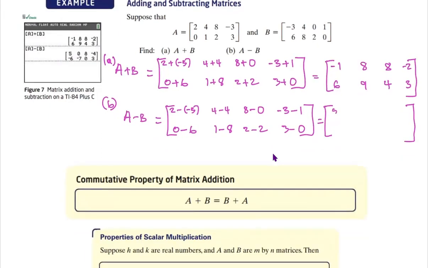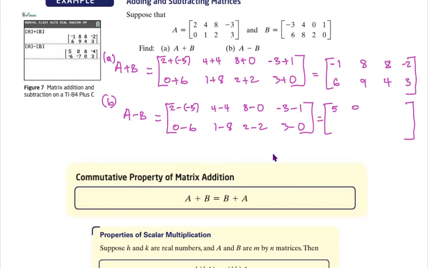So that's 5. That's 5. So that is 5, 0, 8, negative 4, negative 6, negative 7, 0, and then 3.